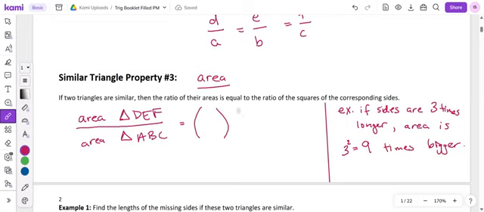What we're saying is if I take the ratio, so if I have side D divided by side A, and I found out, oh, it's 3 times bigger. Well, to find the ratio, the comparison of the areas, I just have to square it. You just need, because every single side is X times bigger, right?